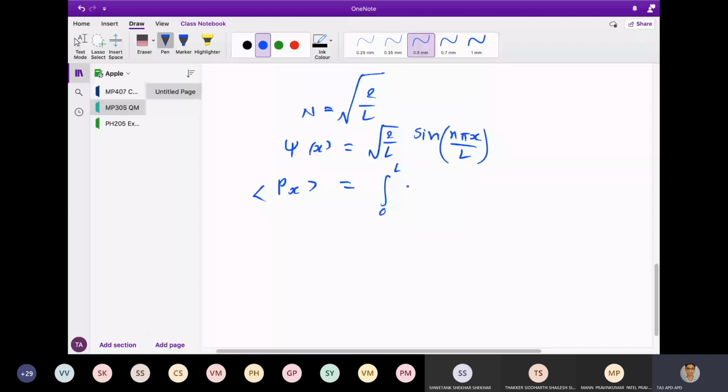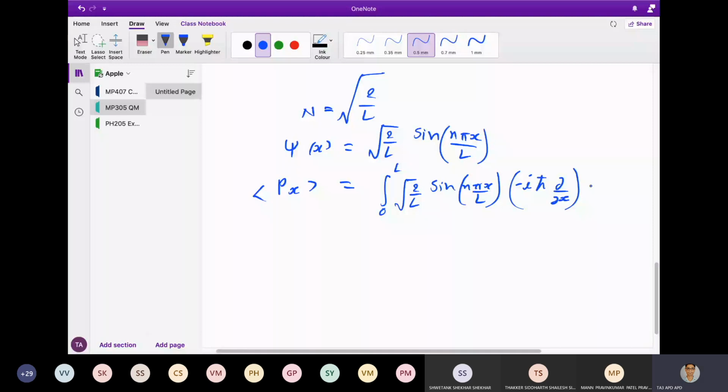So 2 by L sin n pi x by L, sin star into px. Okay. Now px I can write down as a momentum operator, which is minus i h bar del by del x. Okay, that is px, and multiplied by sin.